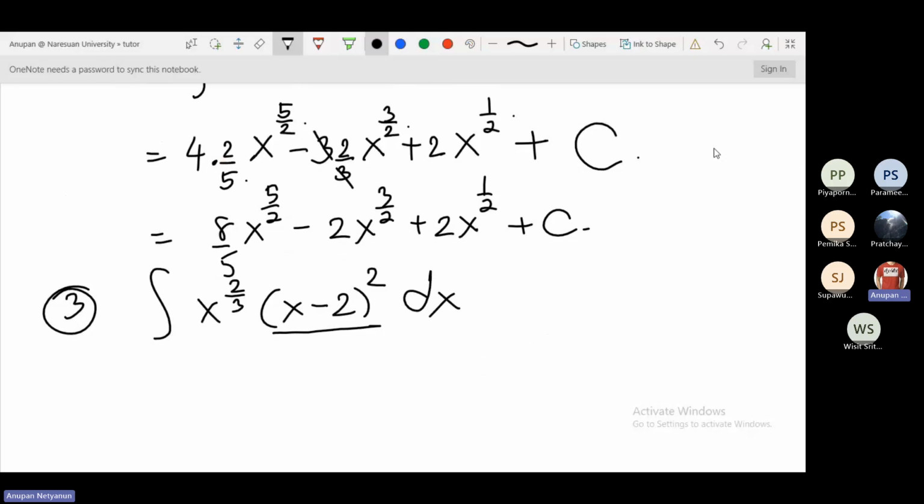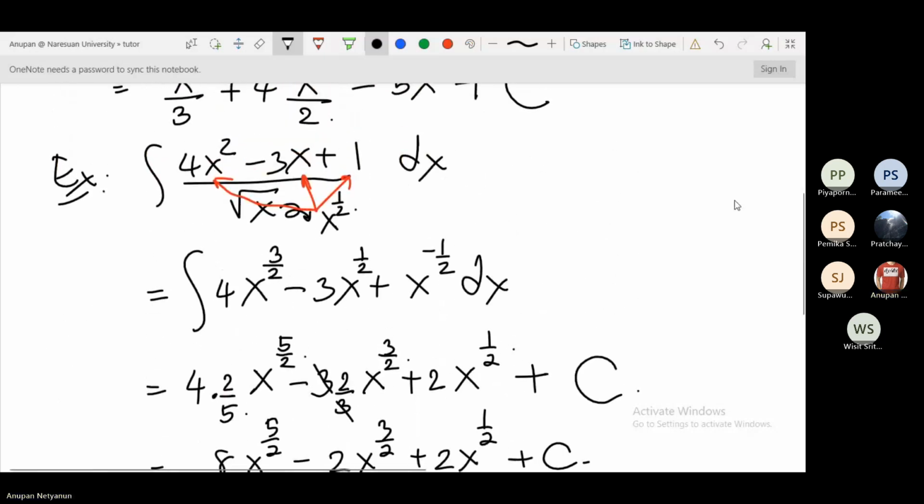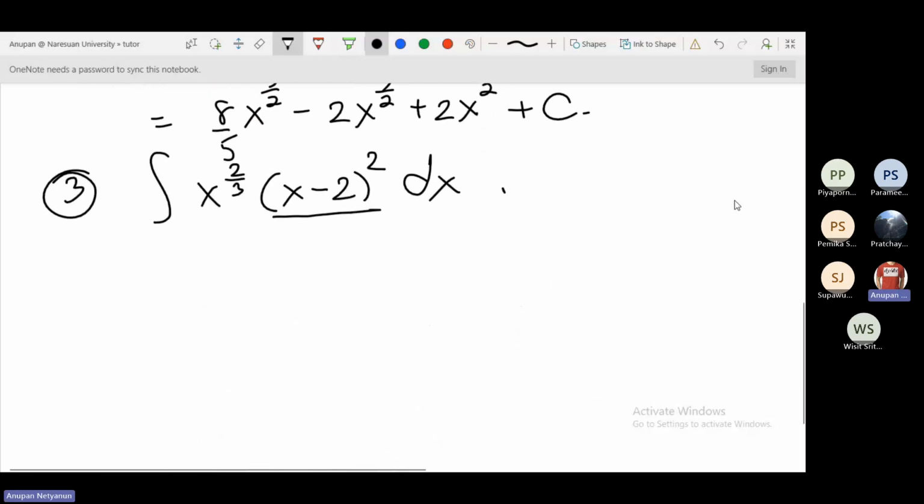It is equal to x minus 2 times x minus 2. You multiply them out, and you distribute x to the power 2/3 inside, then you are going to have something that looks like this, where every term will be in terms of power of x. Then you can use the same method here. So this one I'll let you do as homework.